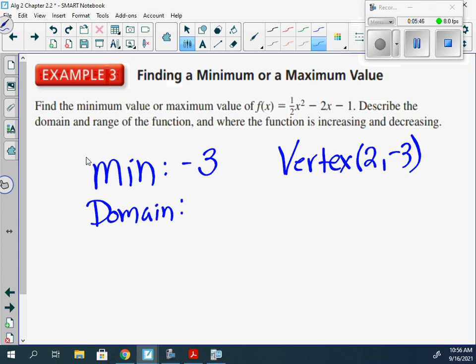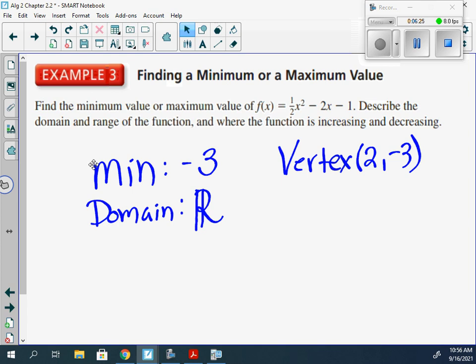What would the domain of this function be? Anybody know what the domain would be? What would the domain be? Because when did I say the domain wouldn't be all real numbers?